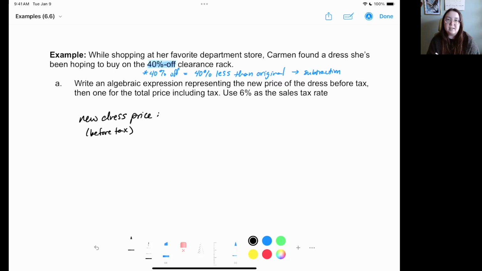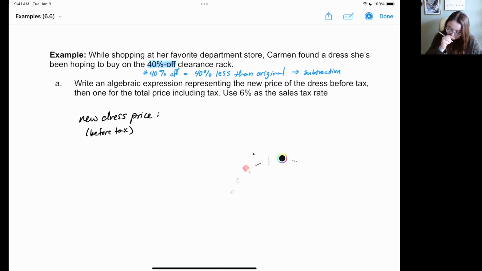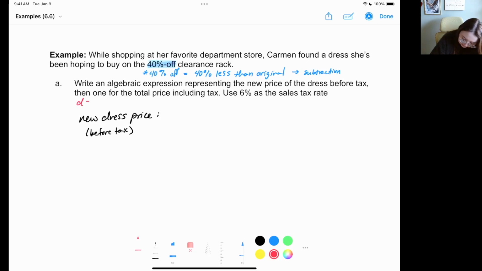You would take the decimal place 40.0 and you move the decimal place 2 spots to the left. So moving that 2 spots to the left would give us 0.4. So our new dress price is going to include 0.4 of whatever that dress price is. So to help us out, we're going to define a variable. We're going to say D is the cost of the dress. And that's the cost of the dress originally.